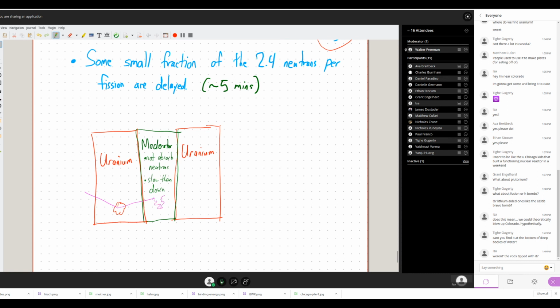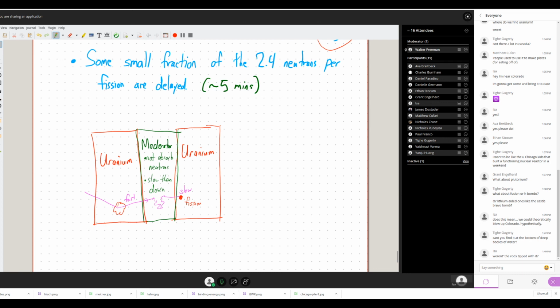It bounces around the moderator, and then when it goes to the other side, it is moving slowly enough that it will induce another fission. And these blocks of uranium ping-pong their fission neutrons back and forth, inducing more fissions as they go.